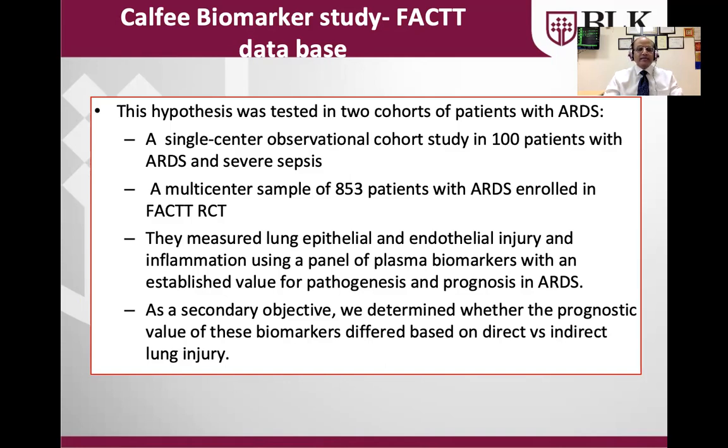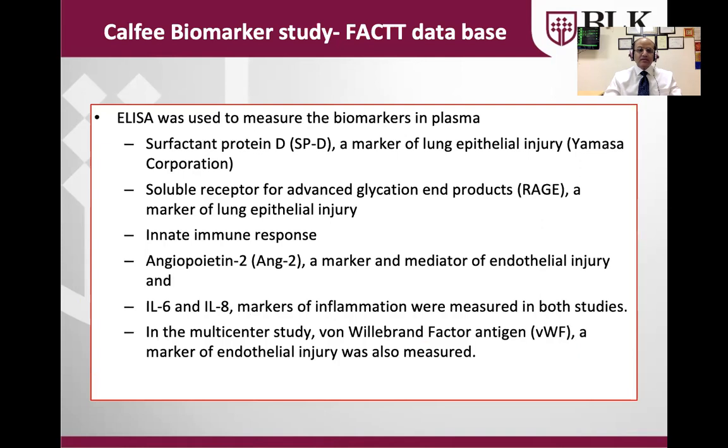You remember the fluid and CVP versus PA catheter trial. They measured lung epithelial injury, endothelial injury, and inflammation using plasma biomarkers. As a secondary objective, they looked at the prognostic value of these markers, and whether it differed in direct versus indirect lung injury patients. They used ELISA to measure the biomarkers.